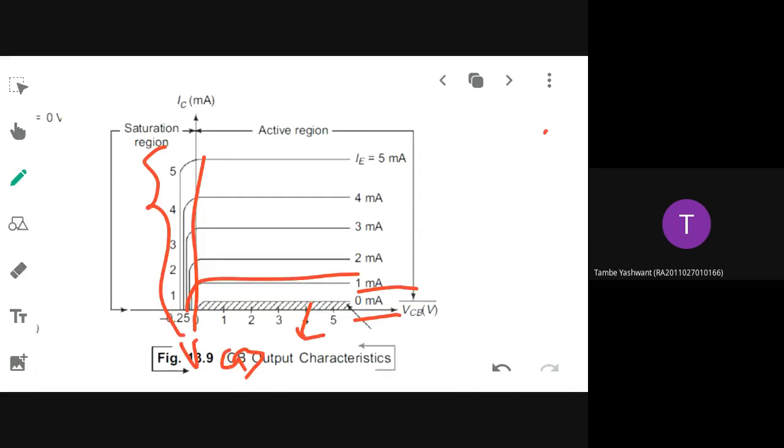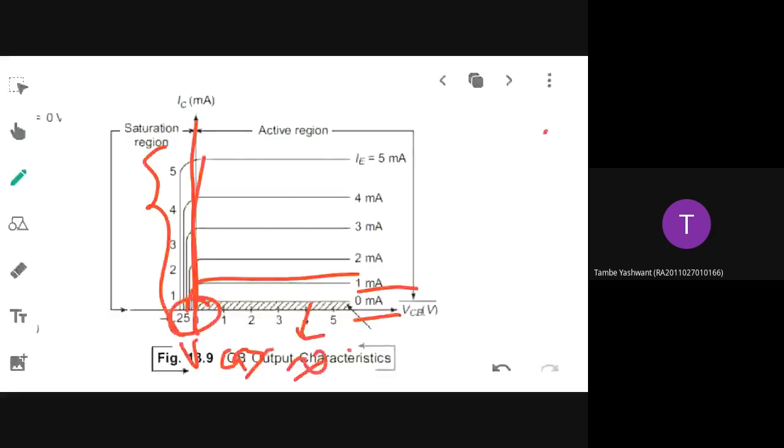At the boundary between saturation and active region, VCB is equal to what value? Almost 0. At this point, VCB is equal to 0.